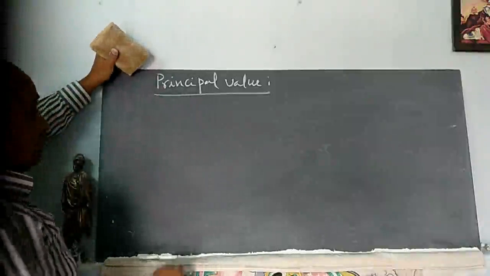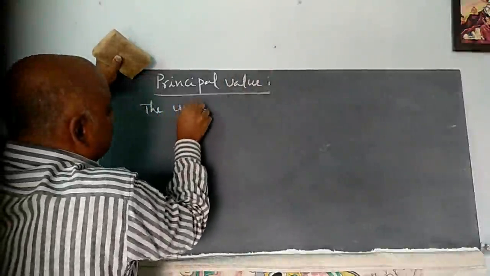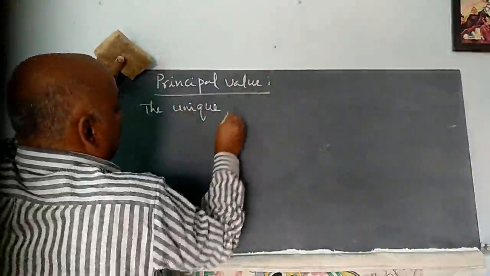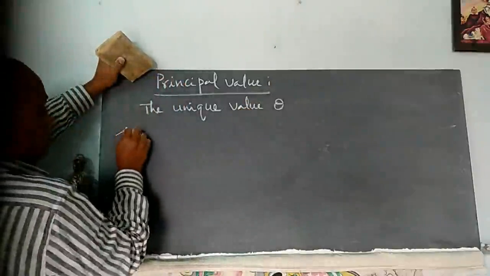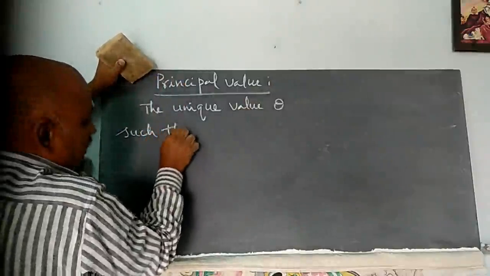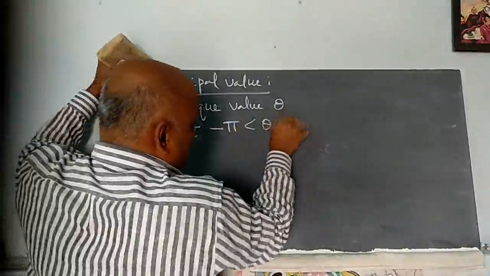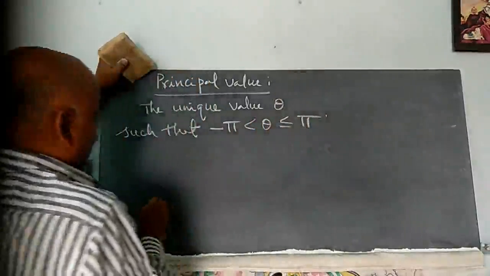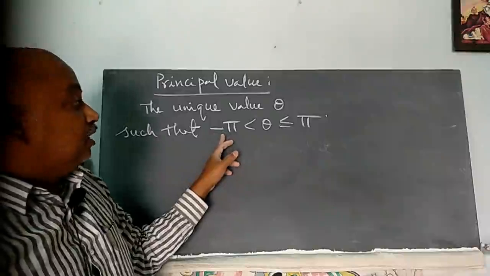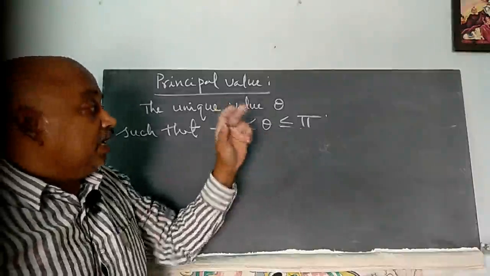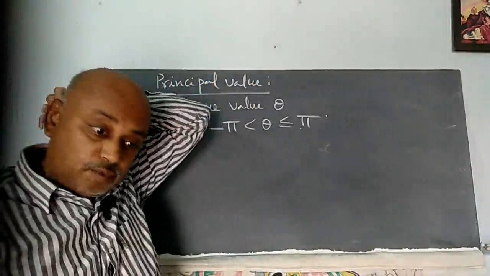It is defined as the unique value theta such that minus pi is less than theta less than or equal to pi. The unique value theta such that minus pi is less than theta less than or equal to pi is called the principal value of the argument of Z.